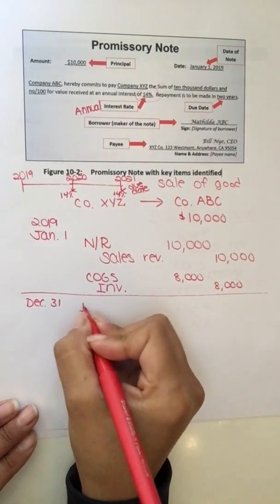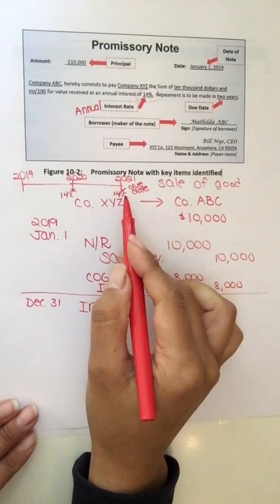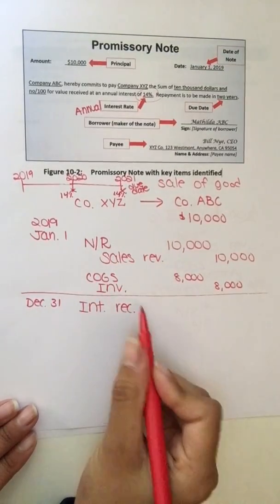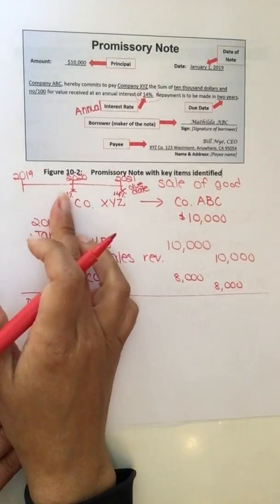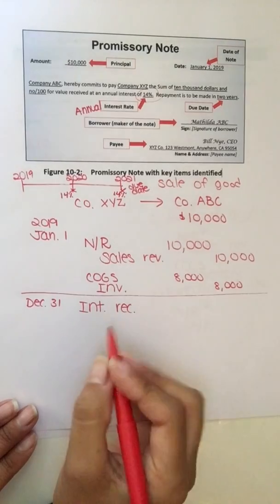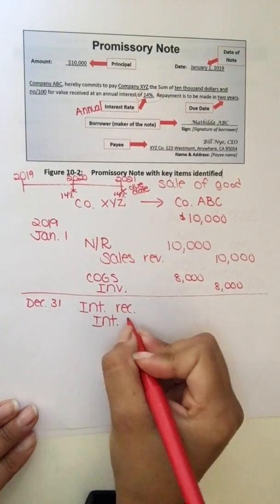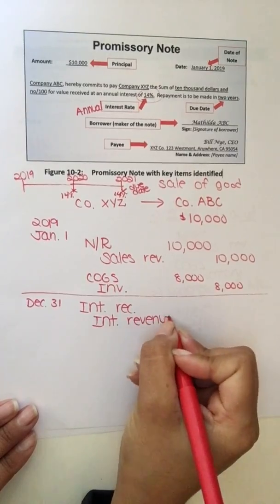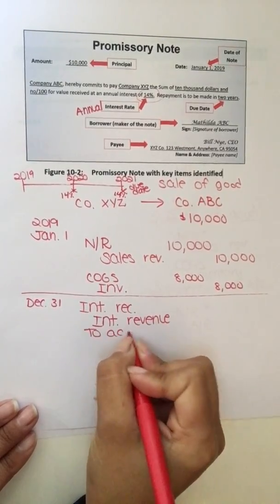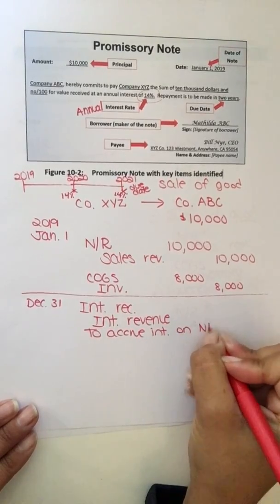So your accounts will be interest receivable, because I mentioned we're not getting paid until the due date, but we do have the right to receive it, the legal right. We've given them already 1 year of free time. Well, it's not free because we're charging them interest. And then the offset is interest revenue. And you'll say to accrue interest on note receivable.